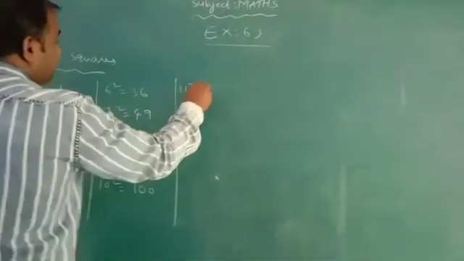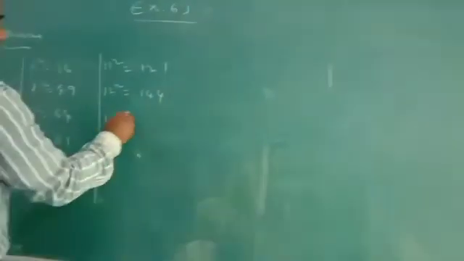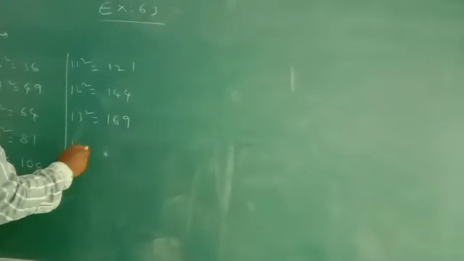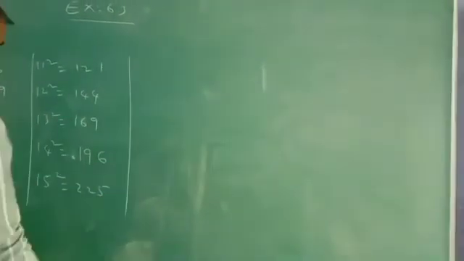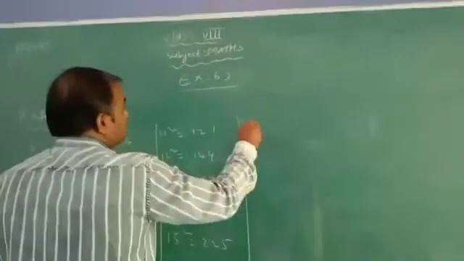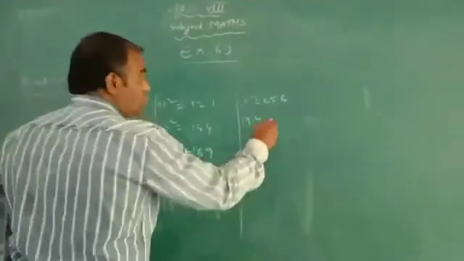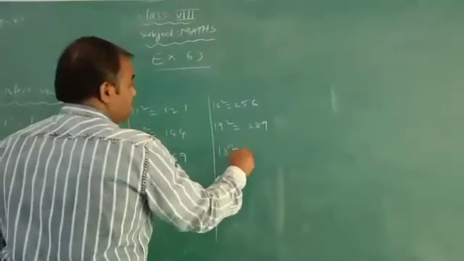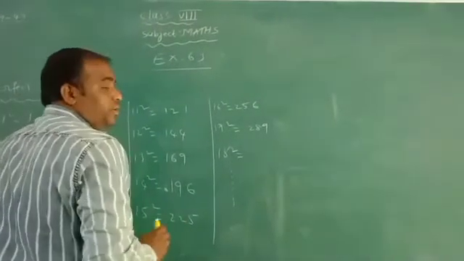Next beta, 11 square 121, 12 square 144, 13 square 169, 14 square 196, 15 square 225, like that only. 16 square 256, 17 square 289, 18 square, like that only you continue beta.